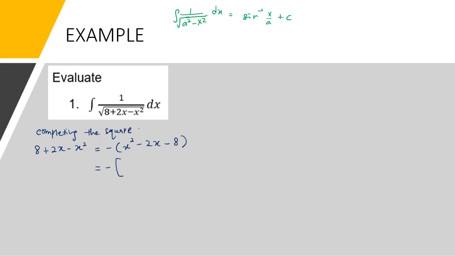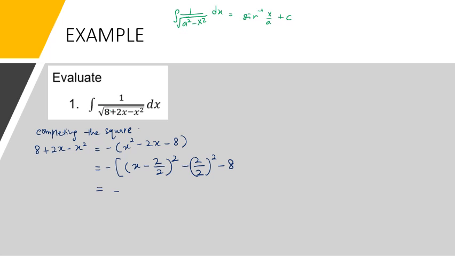So apa nak buat? Guna formula yang the first tadi. So that x minus 2 over 2 square, minus 2 over 2 square minus 8.